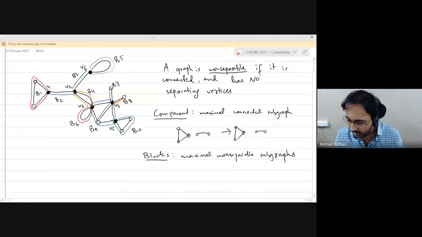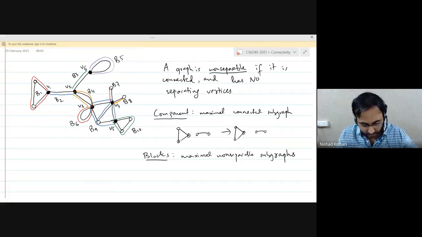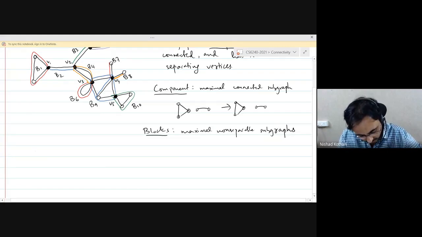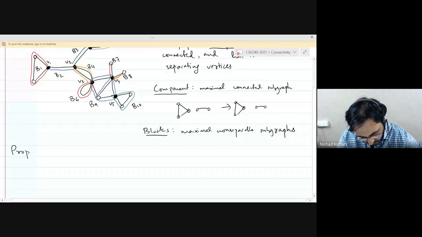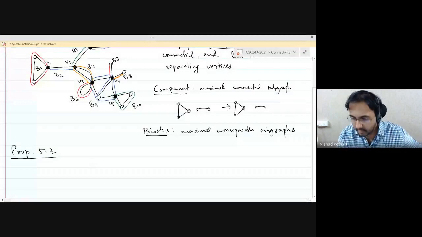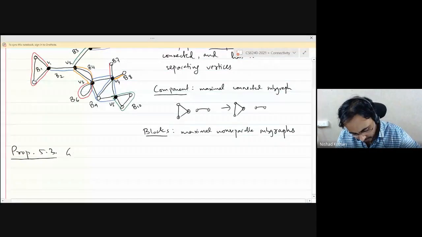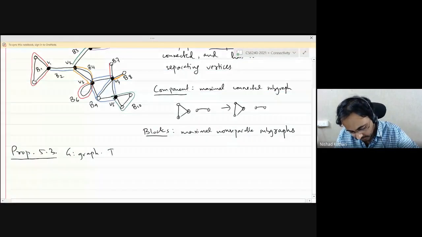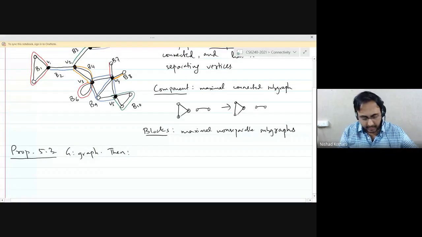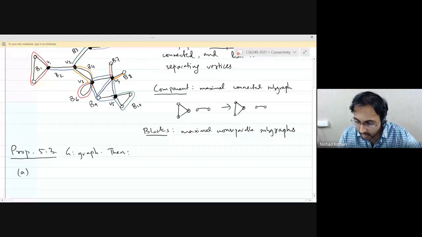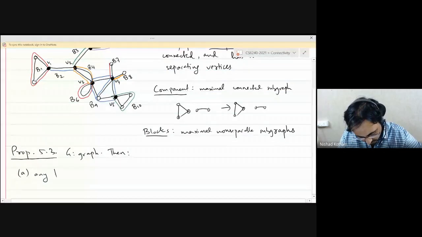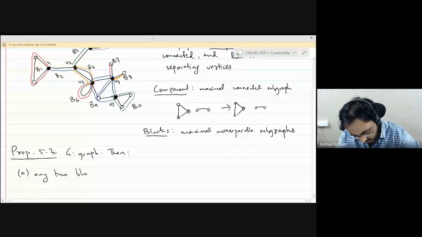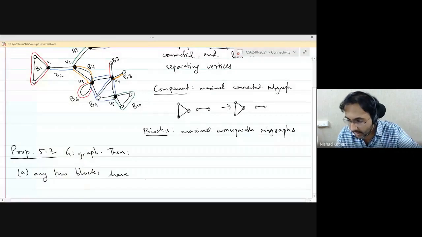And as I said earlier, I expect you to have seen this in a previous course. So I'm going to put down a proposition without proving it. But if you haven't seen the proof of it, you may very well try proving it yourself, or take a peek at the text and still try proving it yourself. So for any graph, any two blocks have at most one vertex in common.